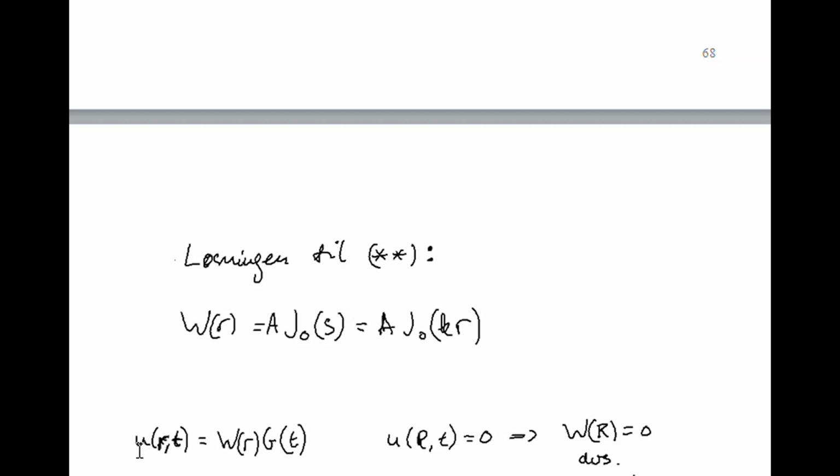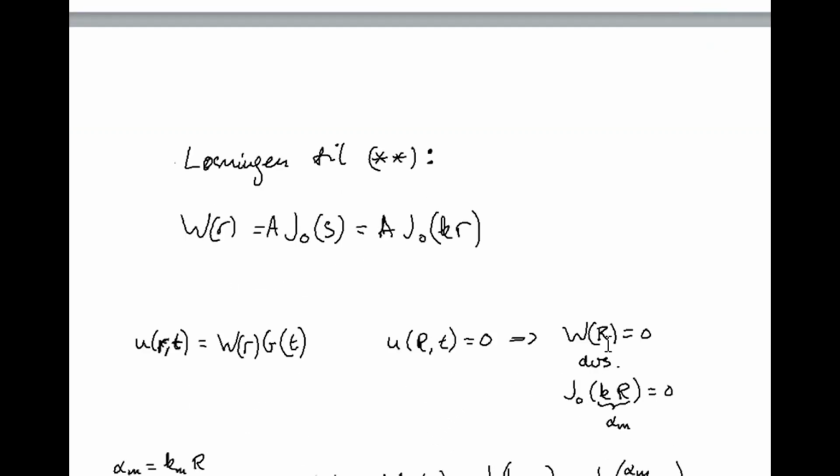So recalling that u is this product, and we use the boundary condition that at the boundary the solution u is equal to 0, we find that this W of capital R is also equal to 0.